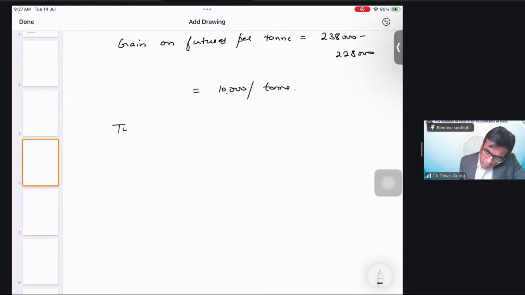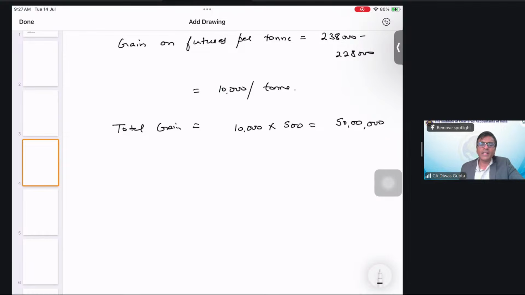So what are we saying about total gain, students? 10,000 into 500. So the total gain comes out to rupees 50 lakhs. So the futures gain is equal to 50 lakhs.